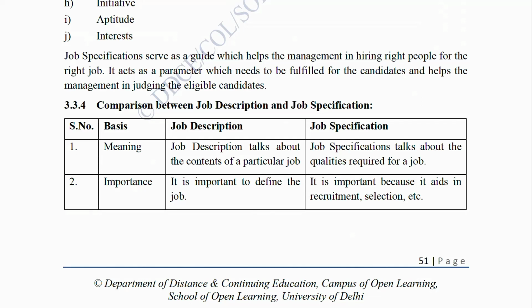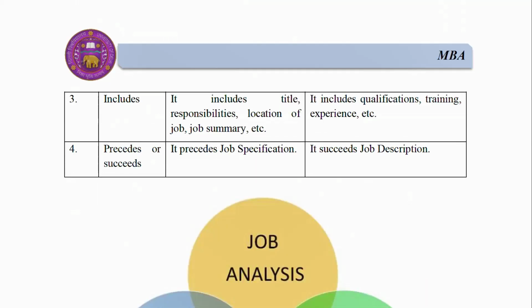Second, job description is important to define the job, whereas job specification is important because it aids in recruitment, selection, etc. Third, job description includes title, responsibilities, location of the job, job summary, etc. Whereas job specification includes qualification, training, experience, etc.